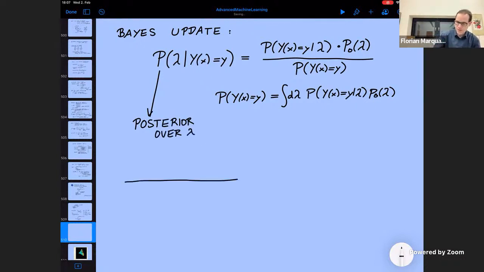So we could imagine a situation where lambda initially, we don't know much about it. So that would be my prior. And after we take a measurement result, even though there's some noise involved, we can update lambda and get another distribution, which hopefully is much more concentrated. And that is the posterior.